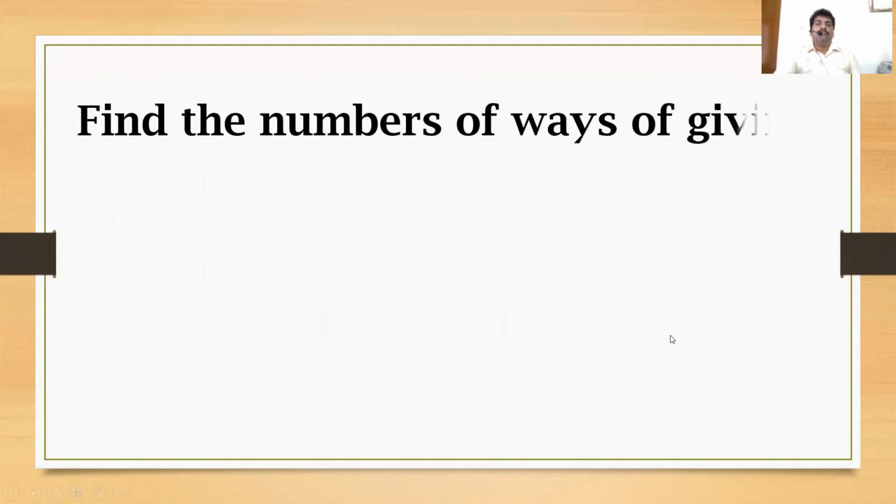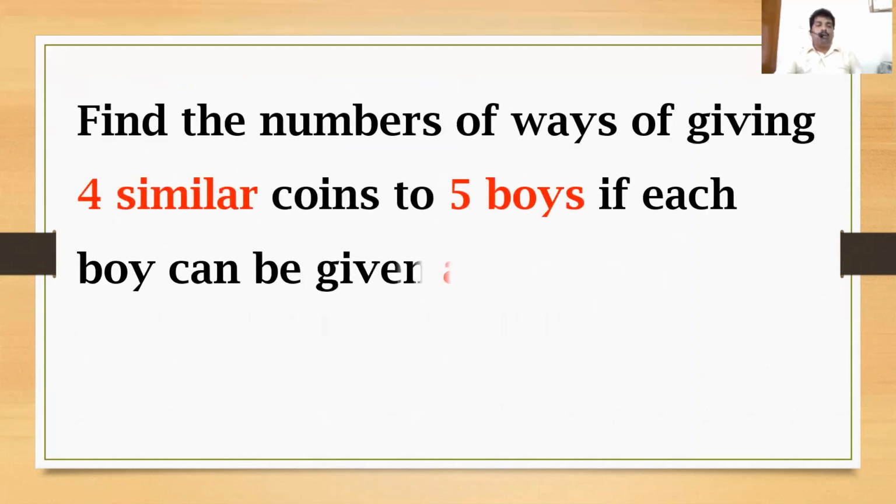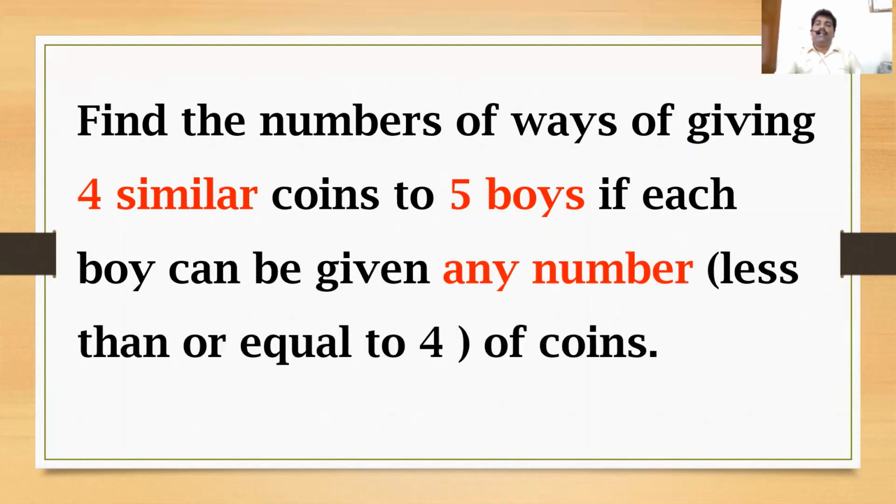Next, find the number of ways of giving 4 similar coins to 5 boys if each boy can be given any number less than or equal to 4 of coins. See the question once again. Find the number of ways of giving 4 similar coins. Here the 4 coins are similar, so we cannot find any difference. All are similar coins. To how many boys? 5 boys.